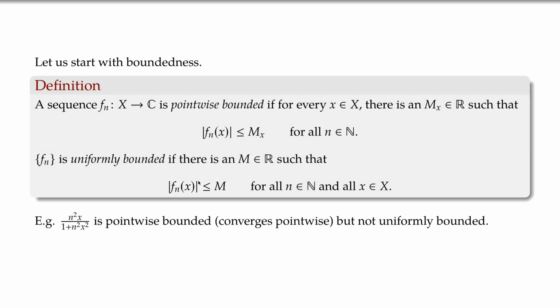Now, here's an example of a pointwise bounded sequence of functions. Actually, it converges pointwise. That's maybe something to mention: if I have a pointwise convergent sequence of functions, then it's going to be pointwise bounded, because at each particular point I have a sequence of numbers, and if it converges, then it is bounded.